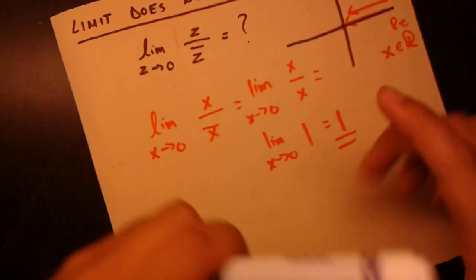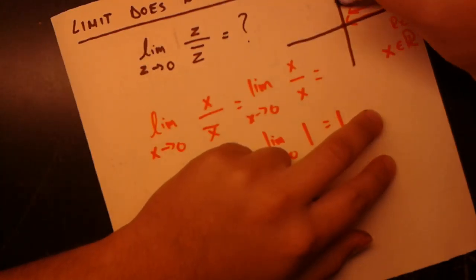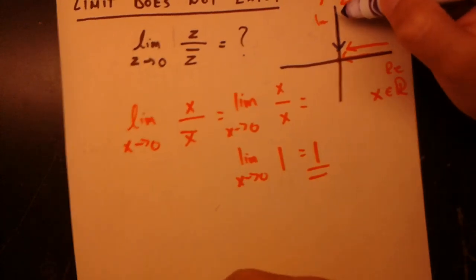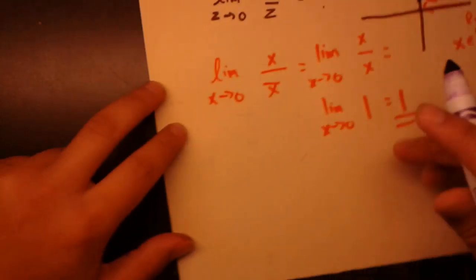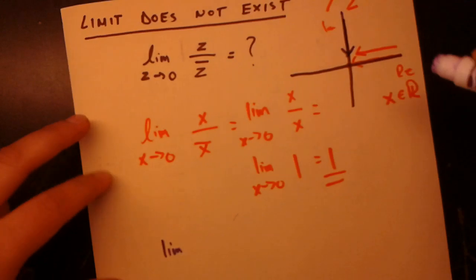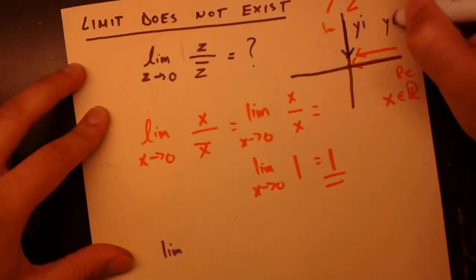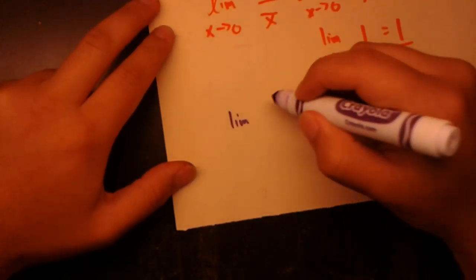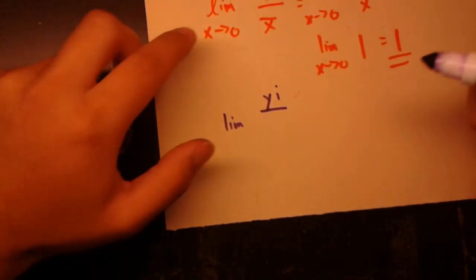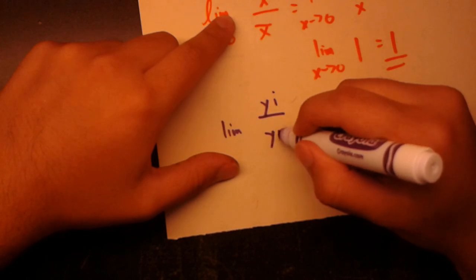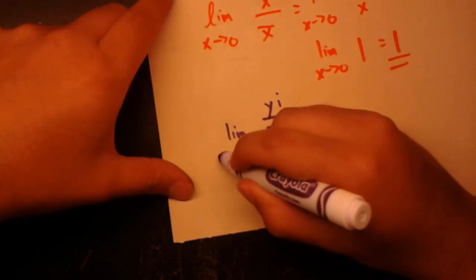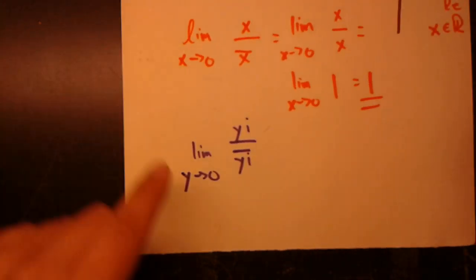So now let's, in purple, find the limit as we approach from this direction, where we only consider the imaginary part and the real part is 0. So we say the limit as, and let's call this yi, where y is an element of the real numbers. So we're going to put yi over yi bar as y approaches 0, right?